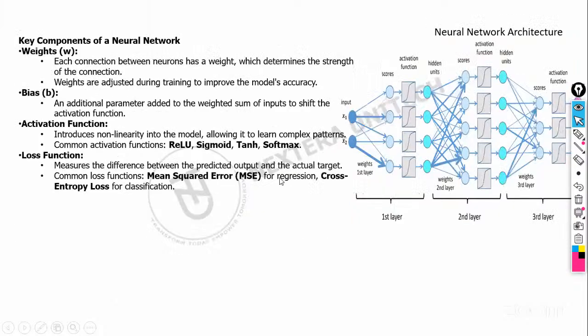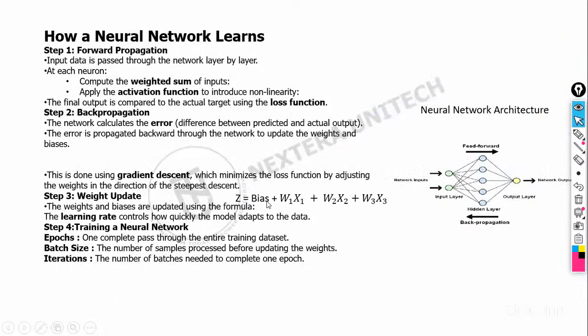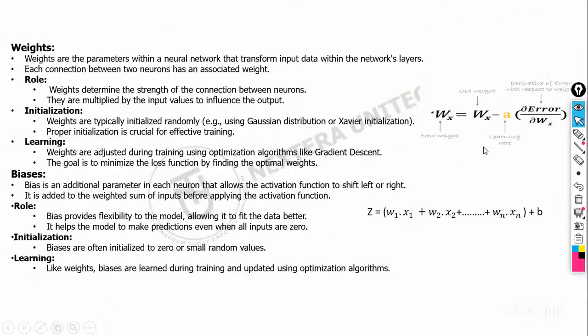All these topics were already covered, so I am supposed to start from here. What is weight? Weight is a parameter within a neural network, which helps us to transform input data across the layers. So you have layers: input layer, hidden layer, output layer.